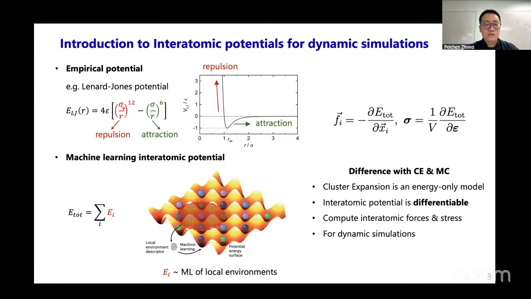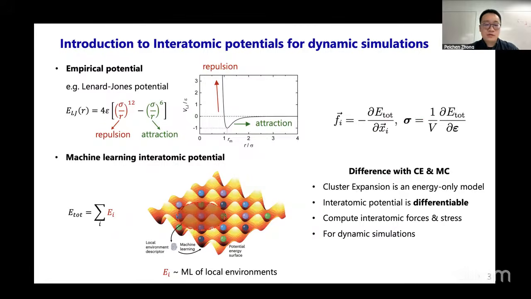It's an analytic potential that contains a repulsion part and an attraction part. By having this interatomic potential, you can describe how the atoms interact, and taking the derivatives, you can get the interatomic force and the stress. Having all this information, you can run molecular dynamics to get equilibrium or non-equilibrium material properties.